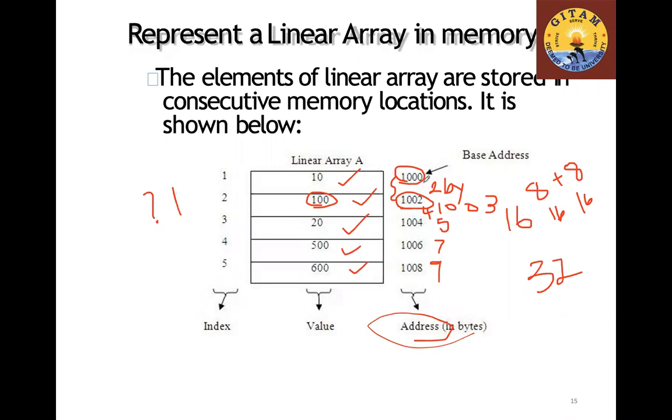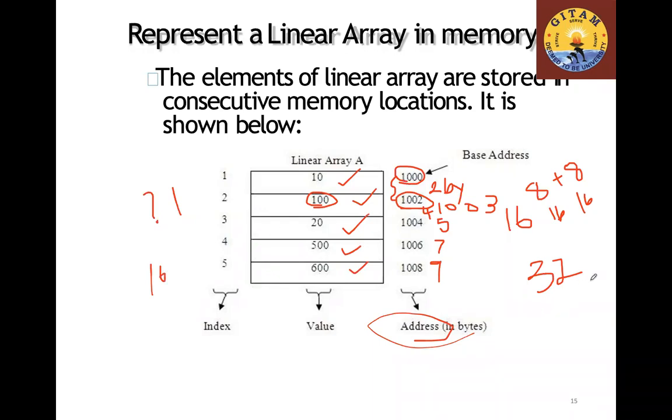Among the 2 bytes, the first one will be the address of that particular element. So 10 is occupying 1000 and 1001, 100 is occupying 1002 and 1003, 20 is occupying 1004 and 1005, and so on. So that means this is a 16-bit machine.